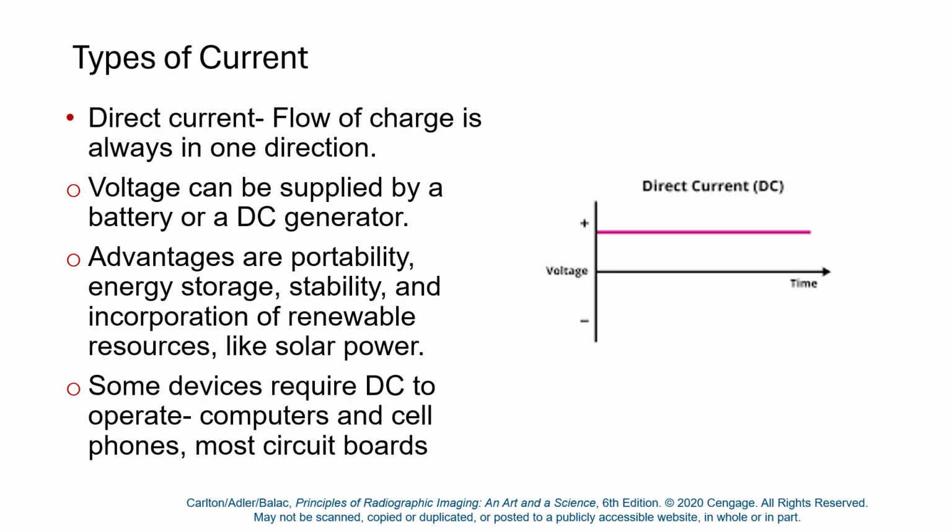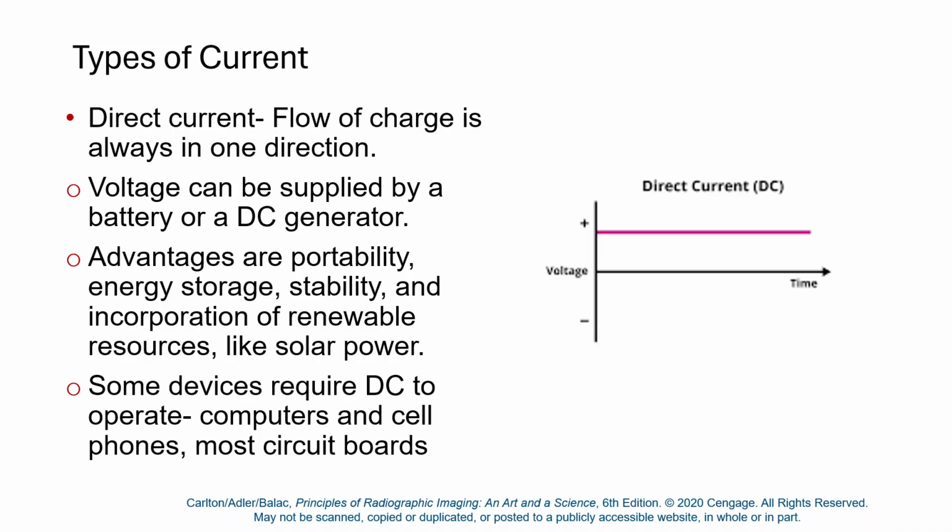Stability. DC power supplies are very reliable until they're not, until the battery dies. Incorporate renewable sources like solar power. So solar technology is primarily a DC type technology. It supplies direct current type electricity.